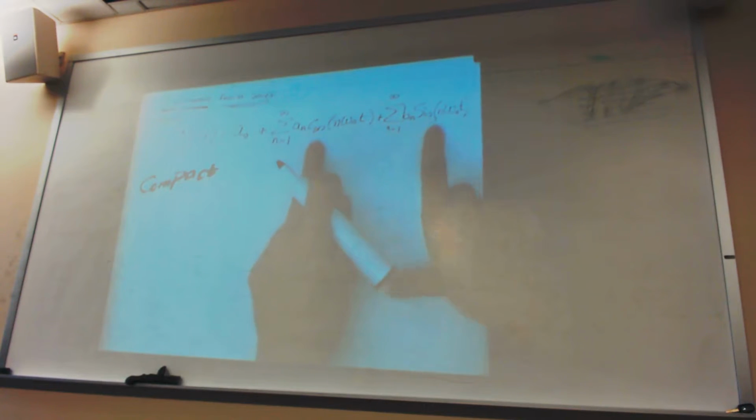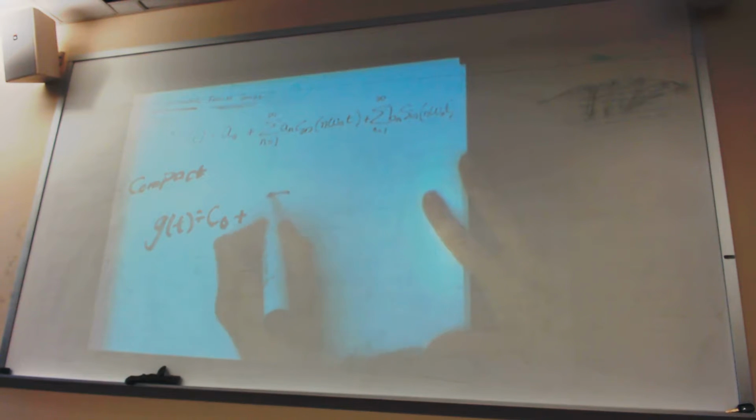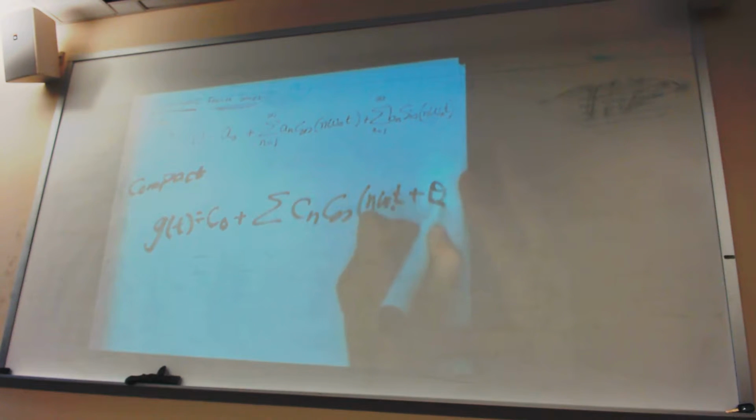Okay, so this is the trigonometric form. We also can make it compact. For compact, instead of having both cosine and sine, I combine them. The notation is C naught plus the sum of mod Cn cosine of n omega naught t plus theta n.